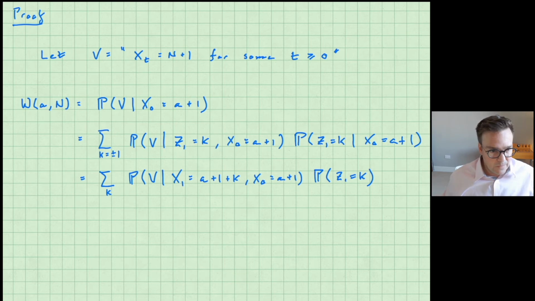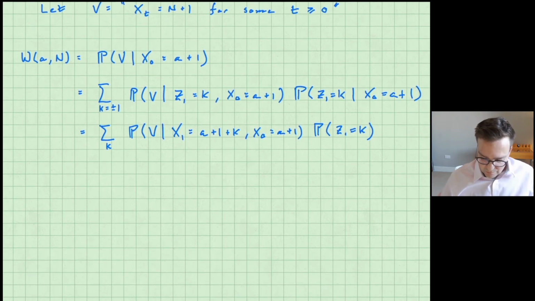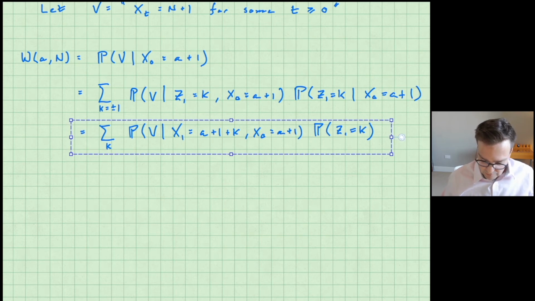Right? And the probability that x0 is equal to A+1 is 1, because it's just the starting condition of the game. Okay, and now we'll use the Markov property, or the memoryless property, to shrink this a bit. So we're going to strike this off of here.